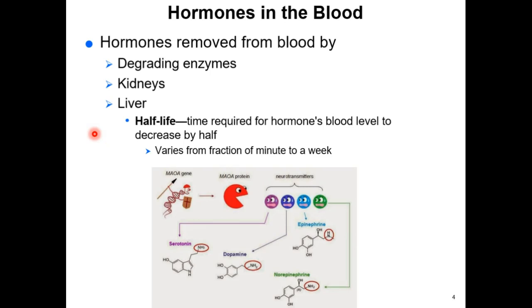We don't want a hormone that we release to circulate forever. It would be bad if you went into fight or flight half an hour ago and you were still in fight or flight right now. You need to be able to destroy that hormone so that you can go on to your next physiological state. The time that it takes to remove or degrade a hormone is called its half-life.